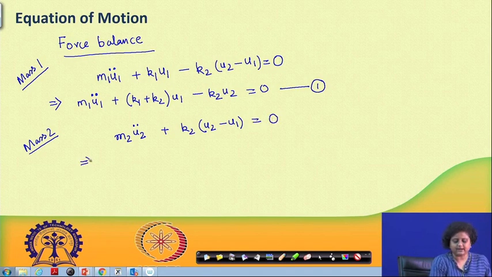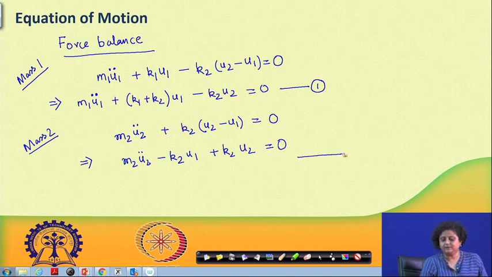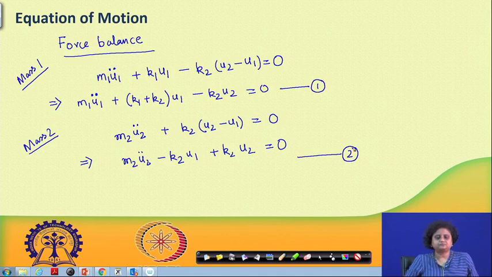So, this can be rearranged and written as m2 u2 double dot minus k2 u1 plus k2 u2 equal to 0. Let me call this equation 2.